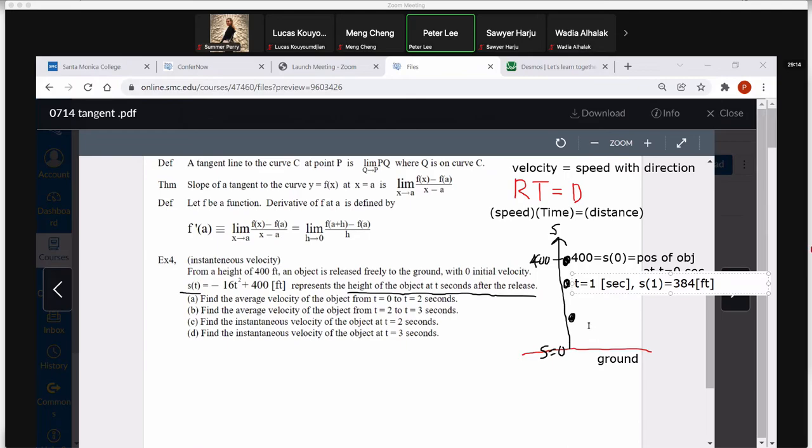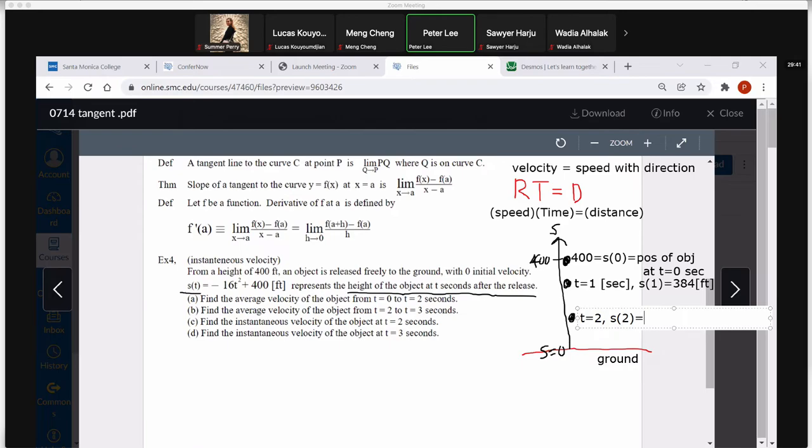And now, where is the object when t equals 2 seconds? This is now the position of the object at 2 seconds. If you do that, then we get minus 16 t squared. T squared is 4, t is 2. So we end up getting minus 64. There's not much space there, so I'm just going to do the calculation.